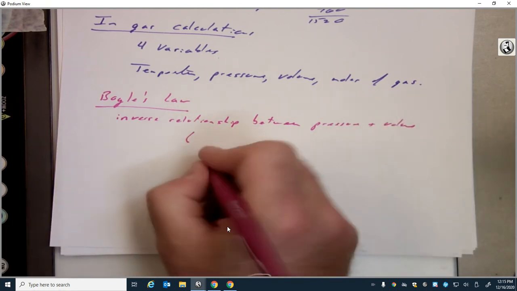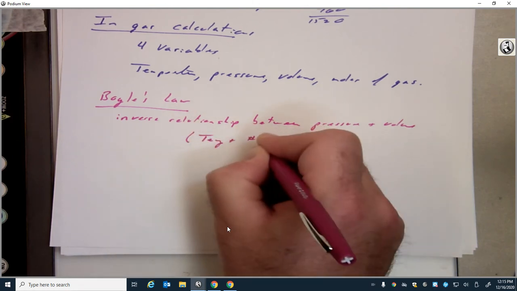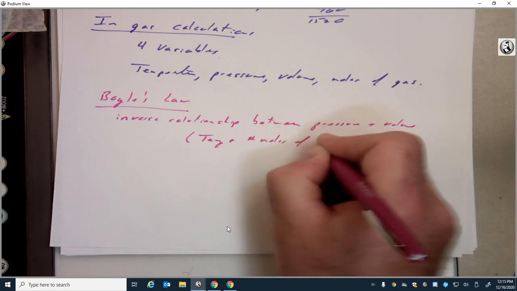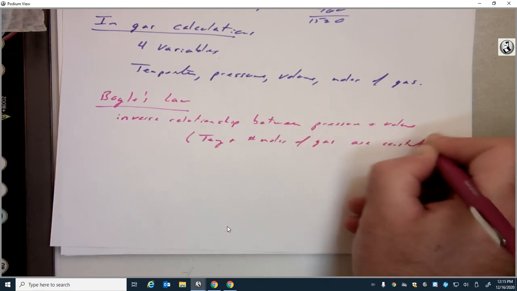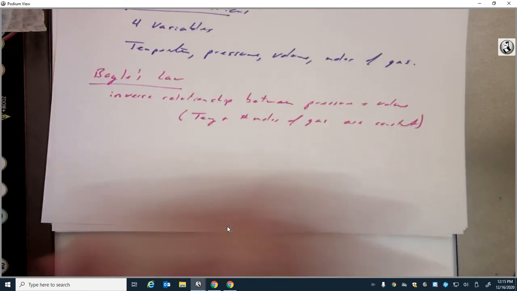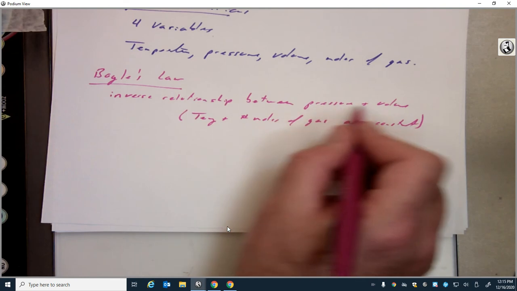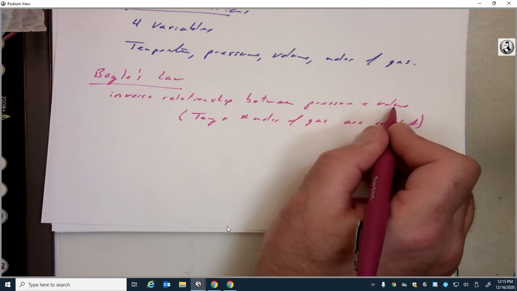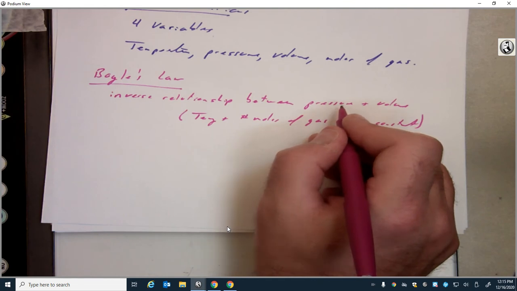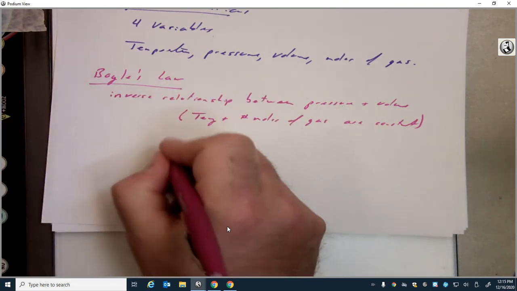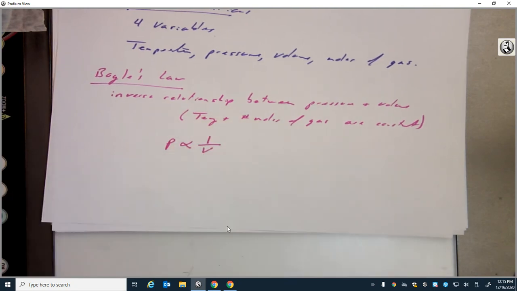And in Boyle's law, temperature and number of moles of gas are constant. So what this is saying is as pressure increases, the volume of the gas decreases, or as the volume increases, our pressure decreases. So our pressure has an inverse relationship with volume.